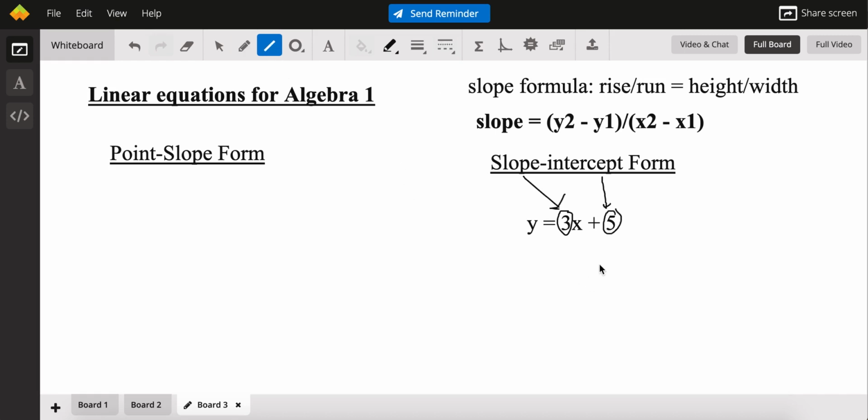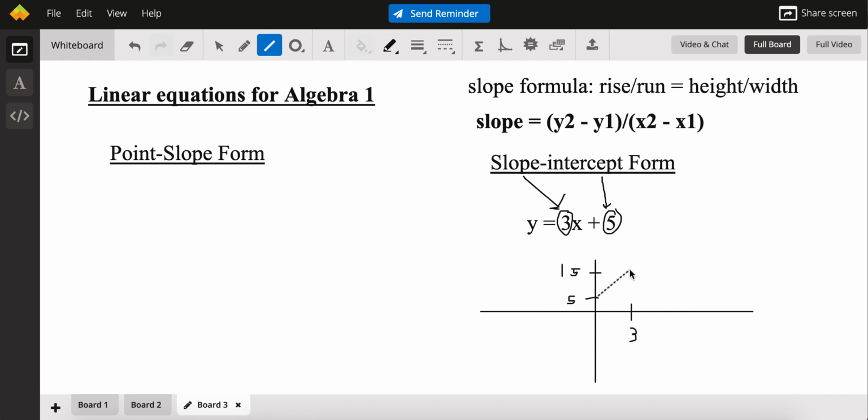So once you know this, you can graph it. Let's just pull up a graph right here. Okay, let's say this is 5. This is 3. Well, let's make this 5 and this 15. That means your line is going to cross through 5 like this, and it's going to move 3 units over.